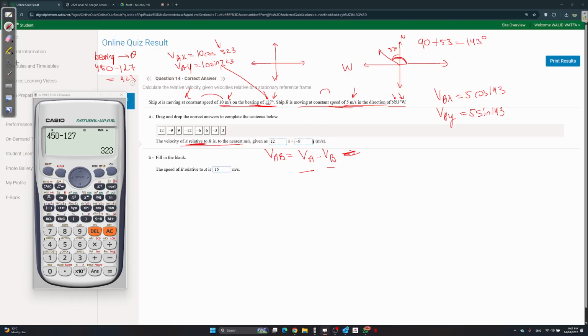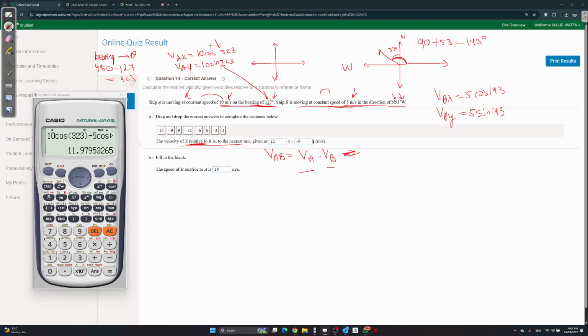So let's add up the x components and then write the answer, and then the y components and write the answer. So 10 cos 323 plus 5 cos 143. You get, that ain't 12. Oh, we're supposed to subtract. Yeah, we're supposed to subtract. 12. Yeah?